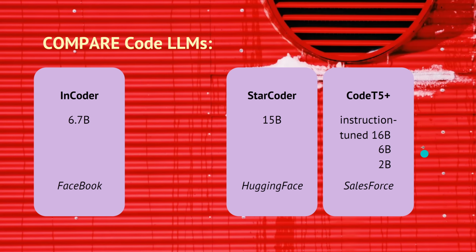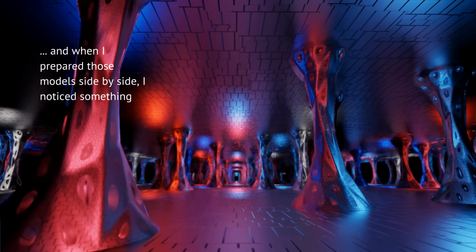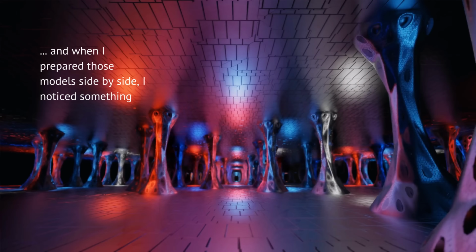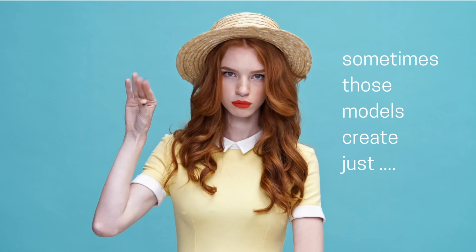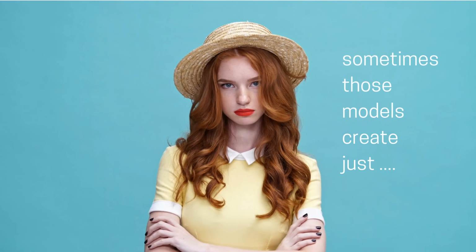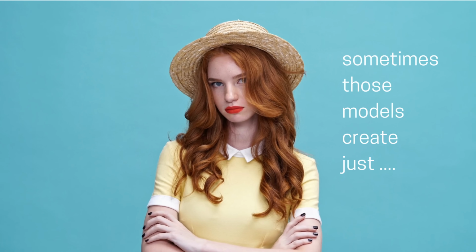Salesforce also provides an open license. When I looked at all of these models side by side, I noticed that sometimes those models just create blah, blah, blah, nonsense. You've seen this in the introduction.